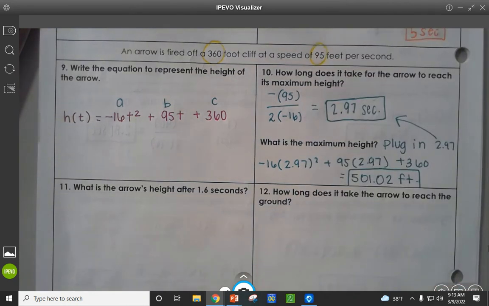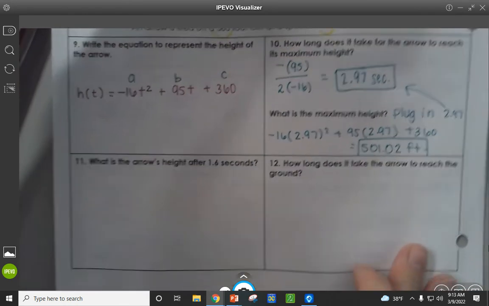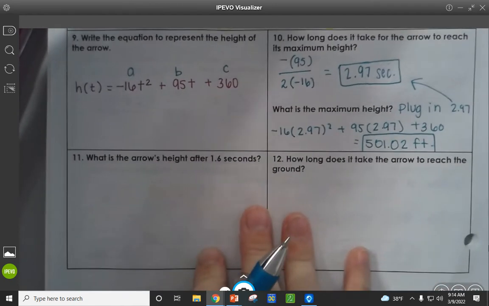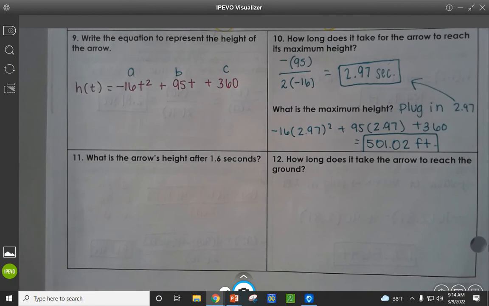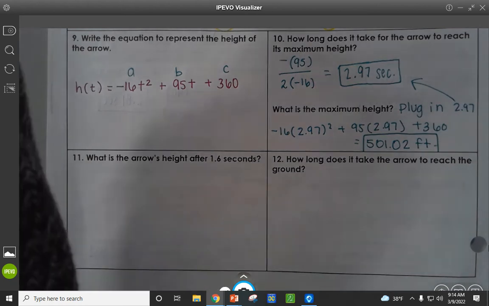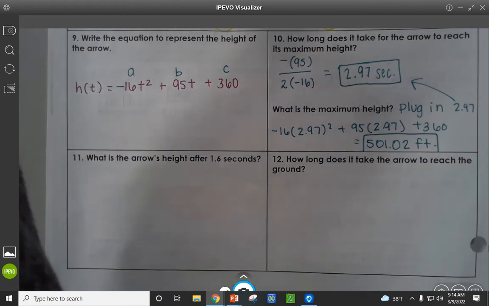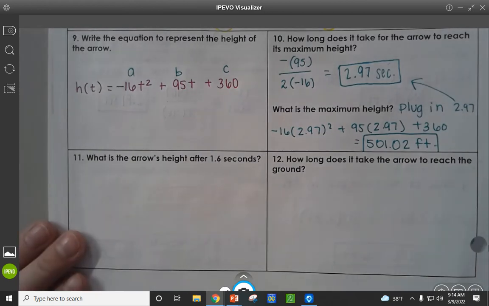Number 11, what is the height after 1.6 seconds? So what do I do? How do I solve this one? Plug in 1.6.